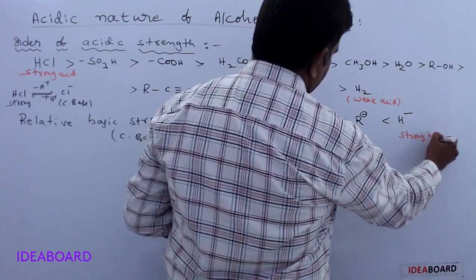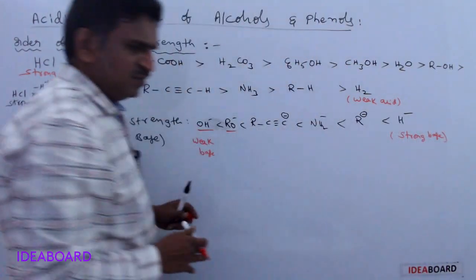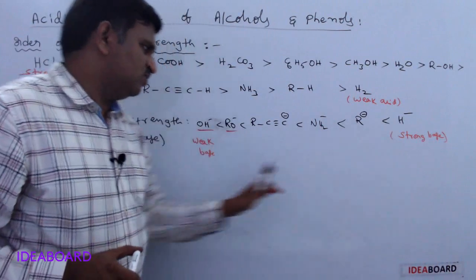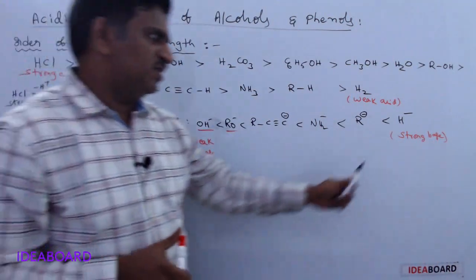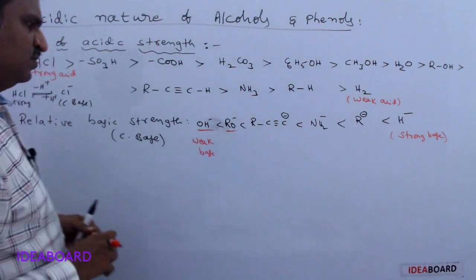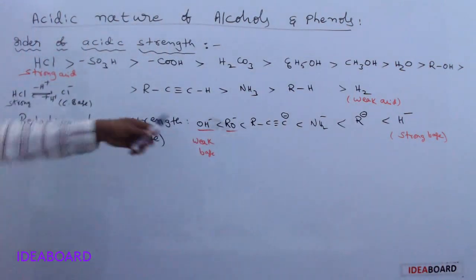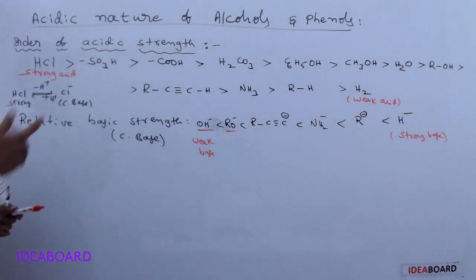I am telling comparatively only. So OH minus is weakly basic and H minus is strongly basic. Okay, so this is the relative basic strength order of these compounds.